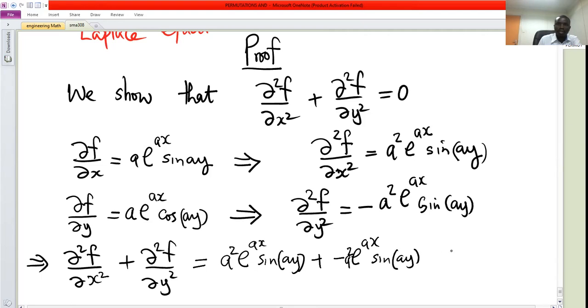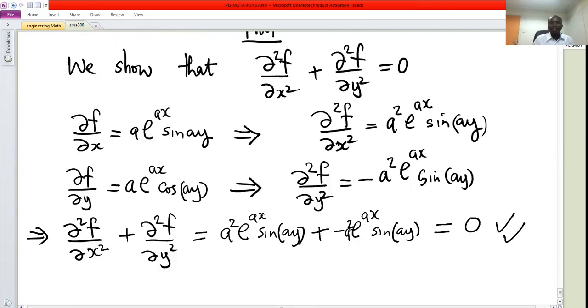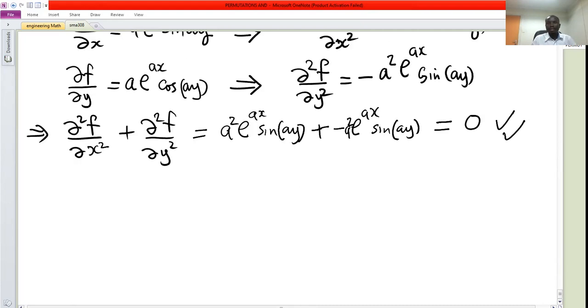I hope clearly you can see that this is zero, because these are the same terms with opposite signs. So that is the proof that that function satisfies the Laplace equation.